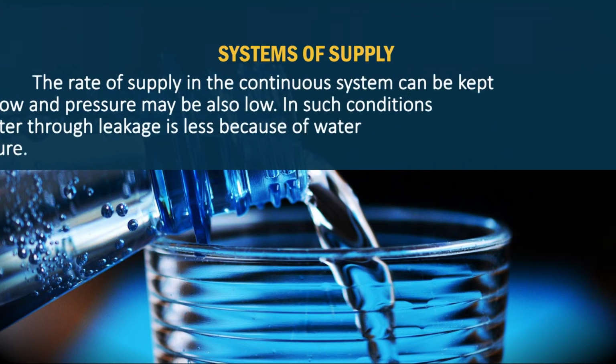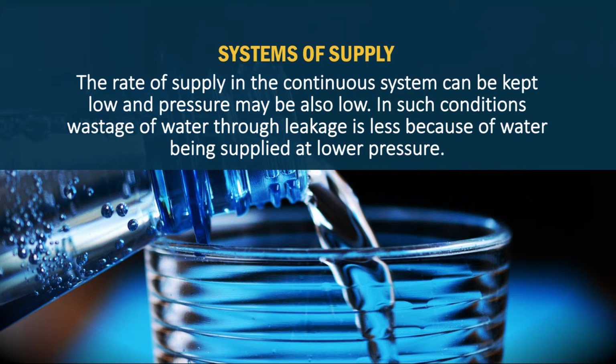The rate of supply in the continuous system can be kept low and pressure may also be low. In such conditions, wastage of water through leakage is less because water is being supplied at low pressure.